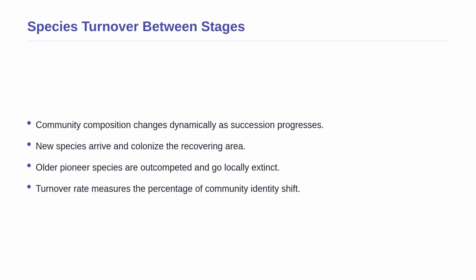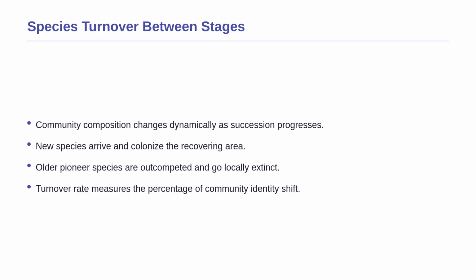Now that we have calculated how biomass grows, we must also look at how the actual species change. As succession progresses, the community composition does not just grow, it shifts dynamically. New species constantly arrive to colonize the area, taking advantage of the improving soil and shade.